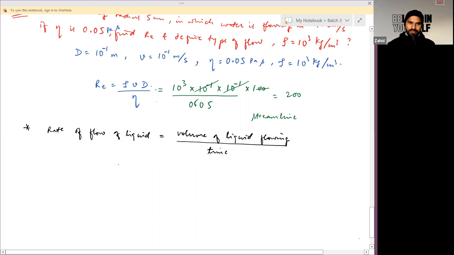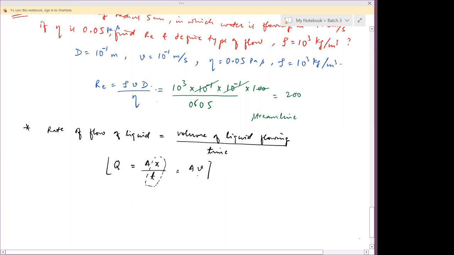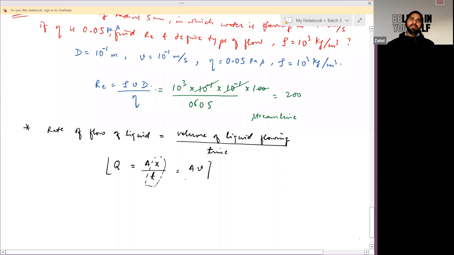It is denoted by Q. We can write volume as area into length divided by time taken T. This length per unit time may also be called velocity. So it will be area into velocity. Is it clear, Atif? Yes, sir. So we have to calculate velocity from this part and put it in the above formula for Reynolds number.